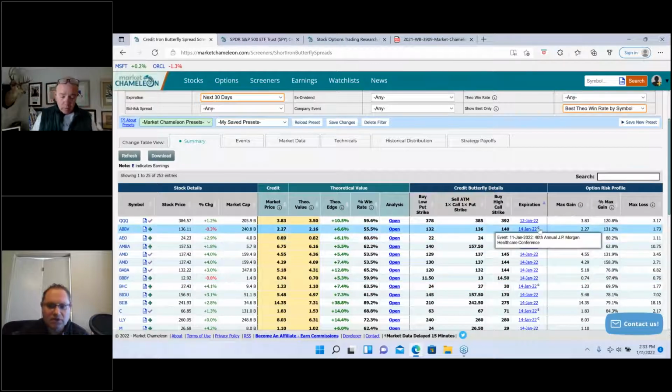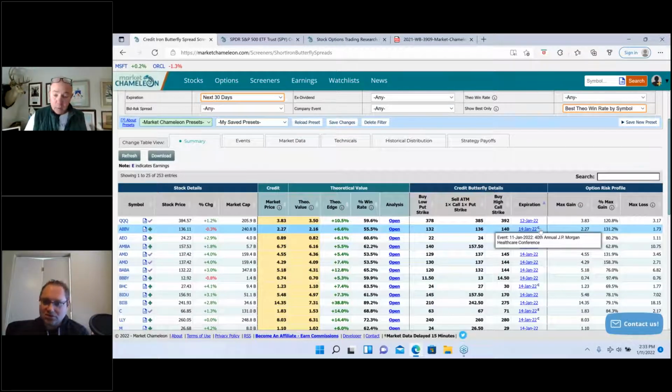Another thing to look out for are events. If there is a non-earnings event, like the one I'm covering over right now, ABBV has the 40th annual JP Morgan Healthcare Conference, January 11th. So that expiration is going to cover that. That could also be an event that potentially can move the stock, right? Because somebody from the company is going to be talking.